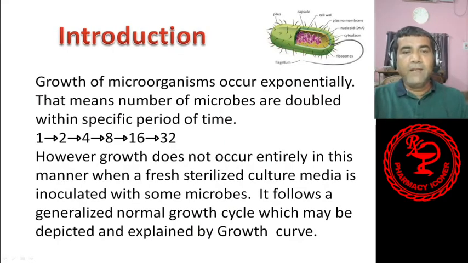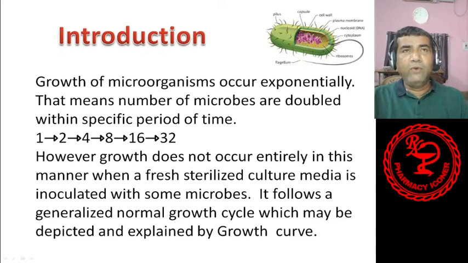Growth of microorganisms occurs exponentially. That means the number of microorganisms doubles within a specific period of time. Say the time taken by a microorganism to double is t, then within each t period the microorganism will double.